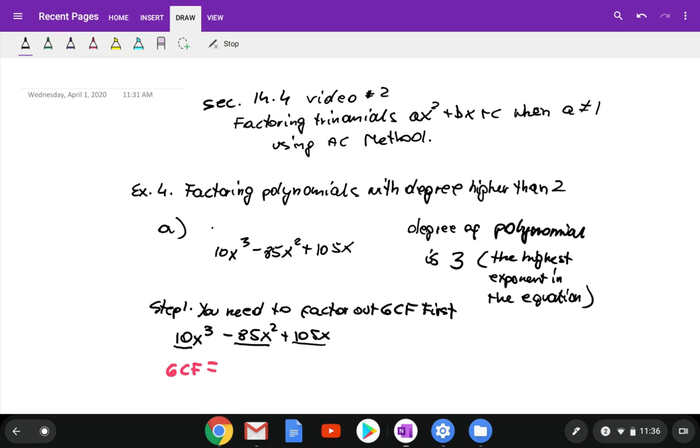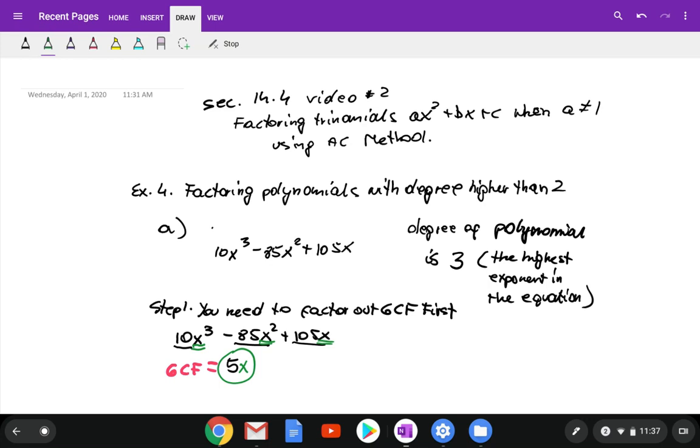Think about the number which can divide all of them, and the biggest number will be 5. 5 can divide 10, 5 can divide 85, 5 can divide 105. Next, find the GCF when comparing variables. You have x to the third, x squared, and x. So it's going to be your variable to the lowest exponent, which is x. So our GCF is 5x.